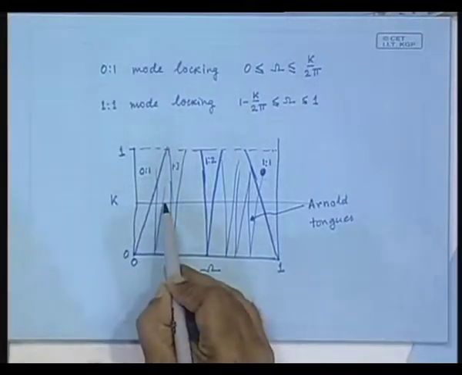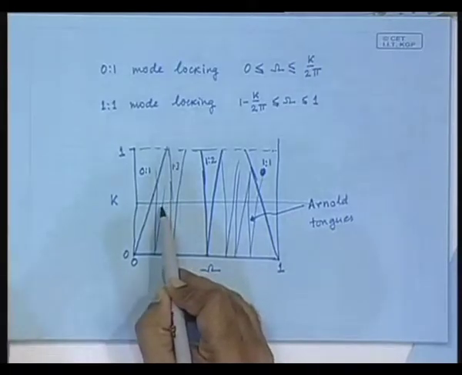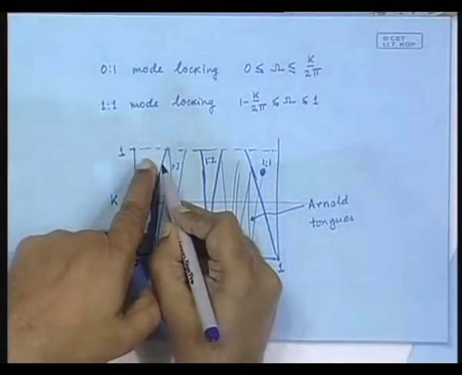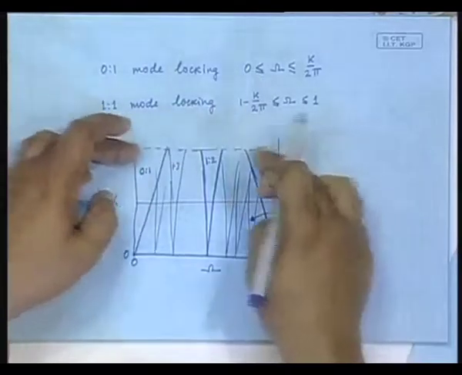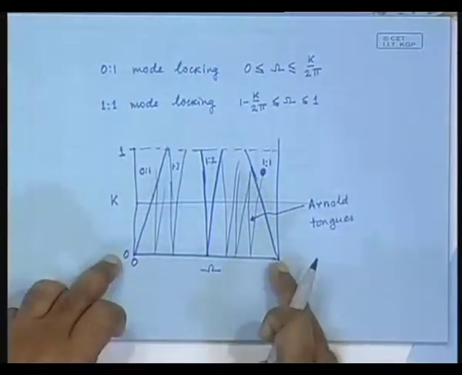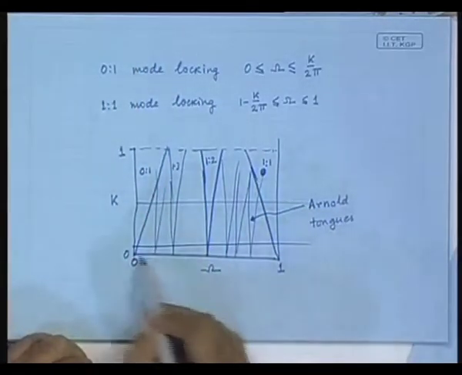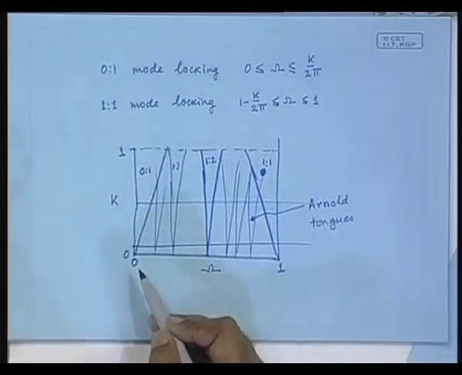What is there in between? Is there any gap in between? Yes, there are gaps in between, because these ranges broaden. Suppose they almost fill the top part, then obviously they don't fill the bottom part because they are broadening. So if you take a slice here, in between there will be ranges where there is no mode locking. Then what is there?